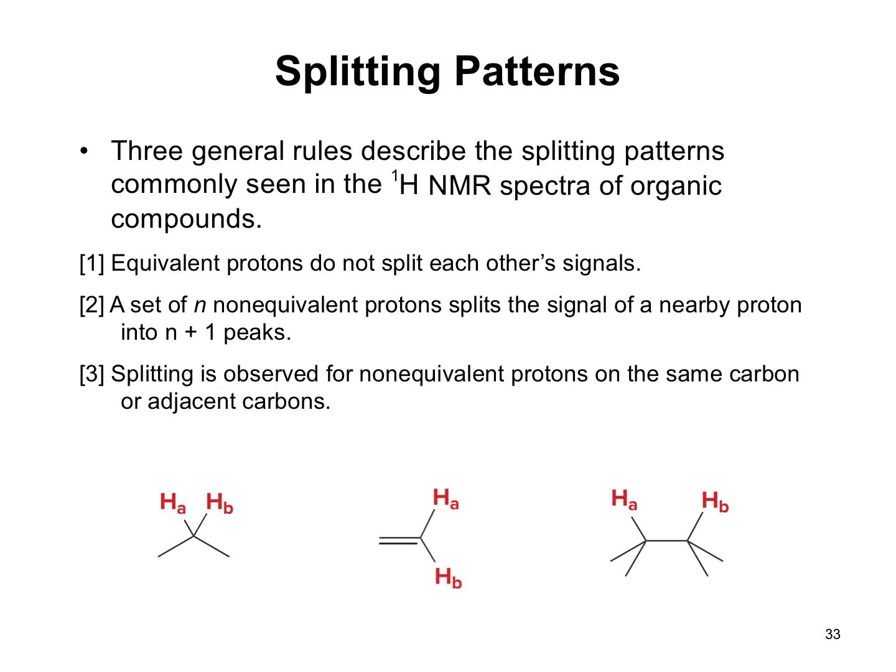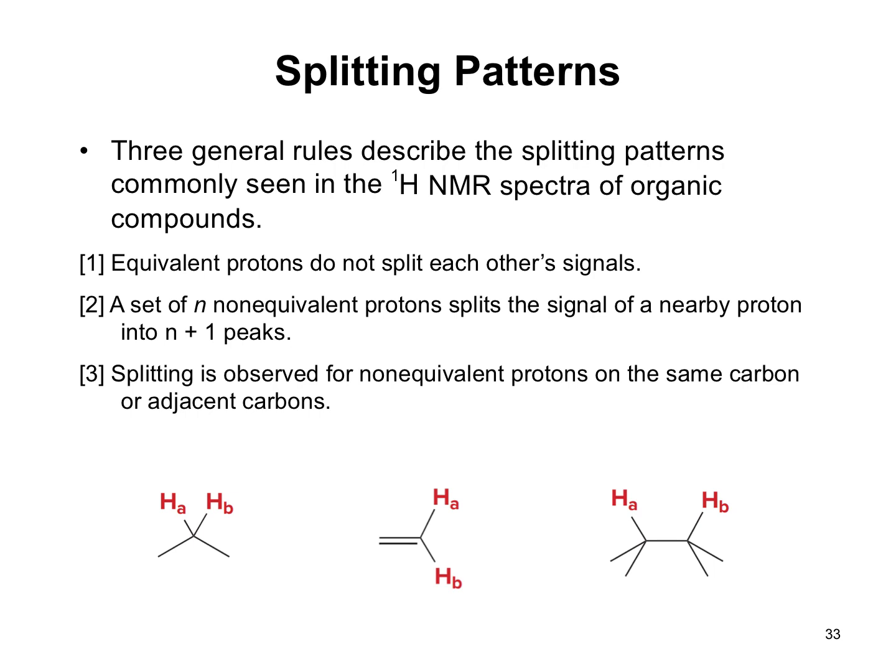If these are non-equivalent, right, then they will split the signals, okay? And then a set of n non-equivalent protons splits the signal of a nearby proton into n+1 peaks. And I've already talked to you about this before. This is the n+1 rule, okay? So the splitting patterns that we see really come down to, are these protons equivalent or are they non-equivalent? Are they in the same chemical environment or are they in different chemical environments?